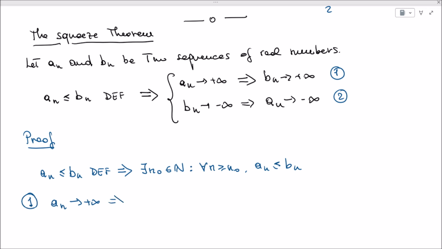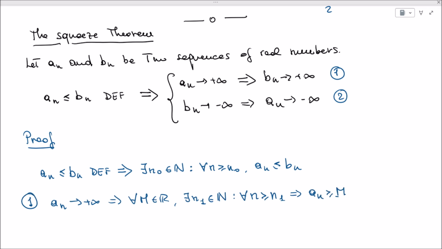Well, that implies that for every real number m, as large as you want, there exists at least one natural number n1 such that for every number n larger than n1, it must be that an is larger than or equal to m.